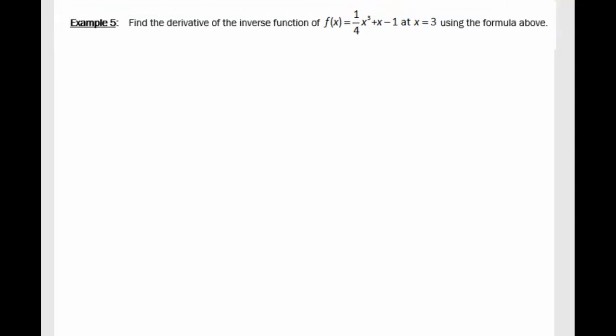So we have f of x equals 1/4 x cubed plus x minus 1 at x equals 3. So again, streamlining our process and plugging in using that formula. We need to know what is the y value at x equals 3.